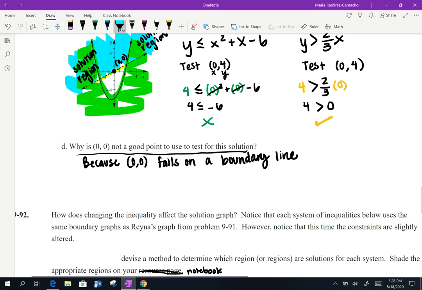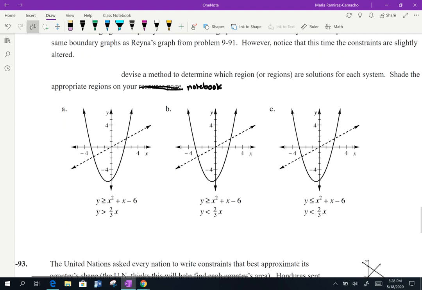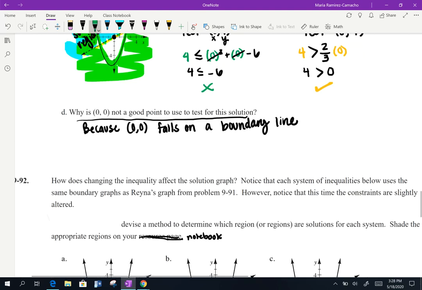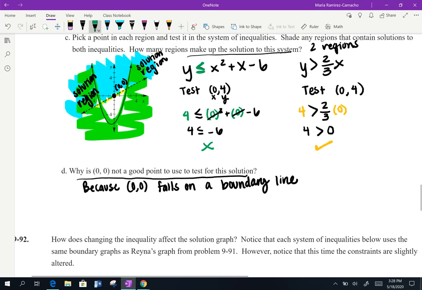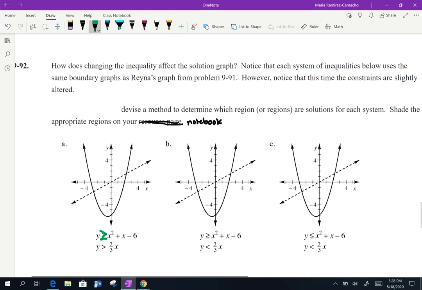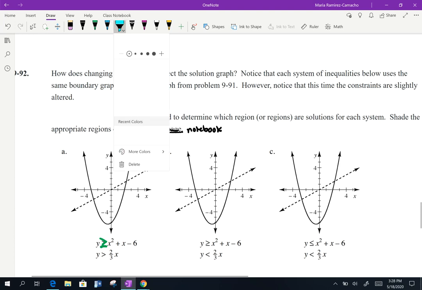Okay, notice that here for part A, the only difference is now we have greater than or equal to for this quadratic inequality instead of less than or equal to. Okay, so if here we have less than or equal to, and here we have greater than or equal to, then that just changes where I'm shading.